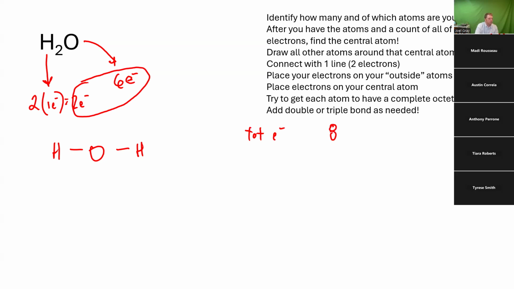Then I drew two single bonds, SB. Each one of those single bonds is 4 electrons. So 8 minus 4, because I've drawn those bonds, leaves me 4 electrons left to place.